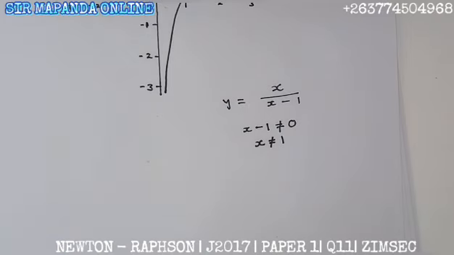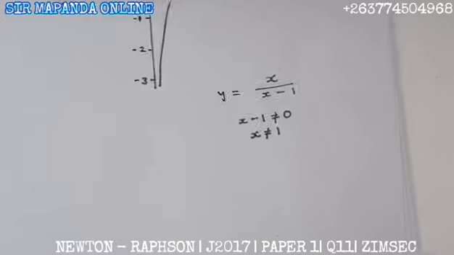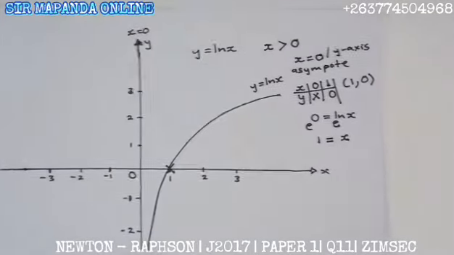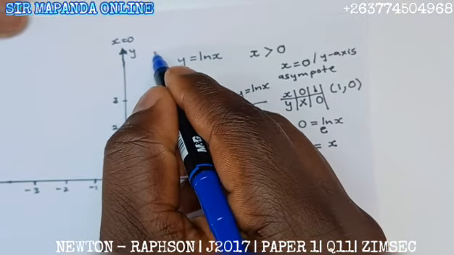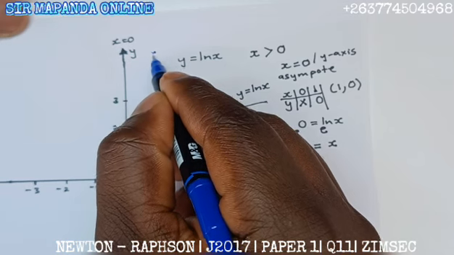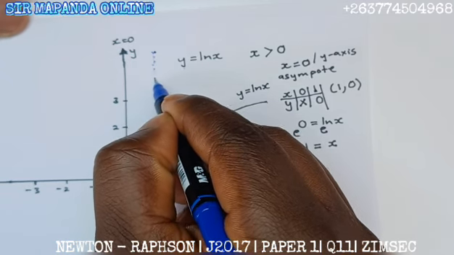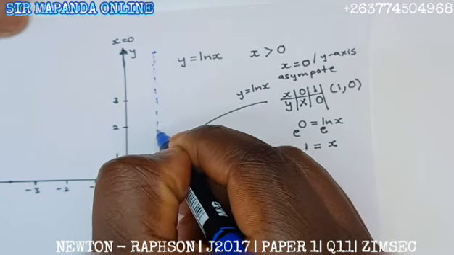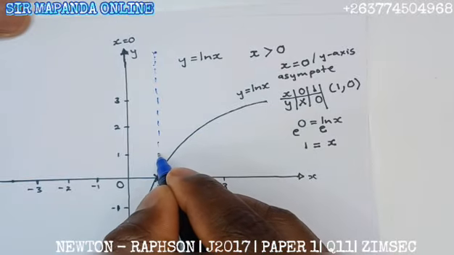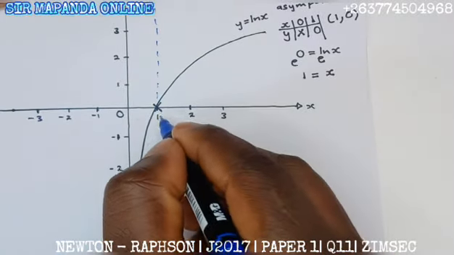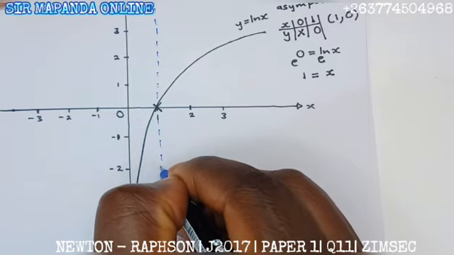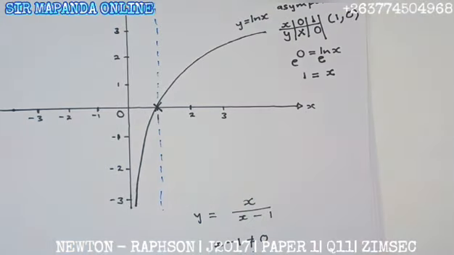So the first asymptote is x is equal to 1. Our graph is not allowed to pass through x is equal to 1. So let me draw the asymptote line here, x is equal to 1. This is a vertical dotted line passing through x is equal to 1, something like this.